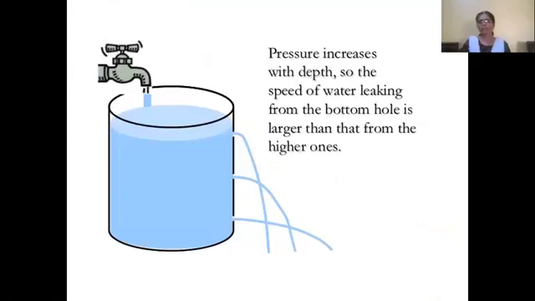It covers a larger distance than that from the higher one, the top hole. So again, pressure increases with increasing depth. The hole at the bottom has more depth, so the speed of the water leaking from it is larger than from the top one. For the higher one, the depth is very small, shallow, so the pressure will also be less. So from this we can understand that the pressure exerted by a liquid increases with depth.